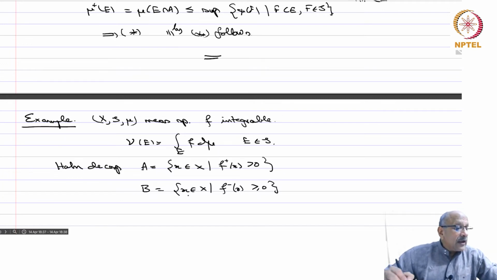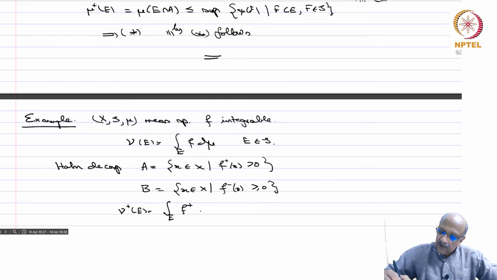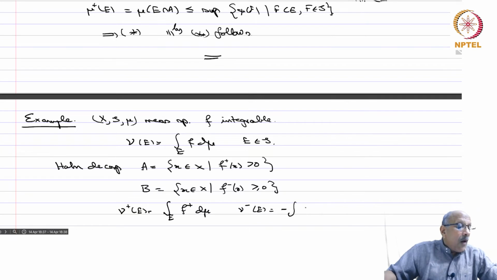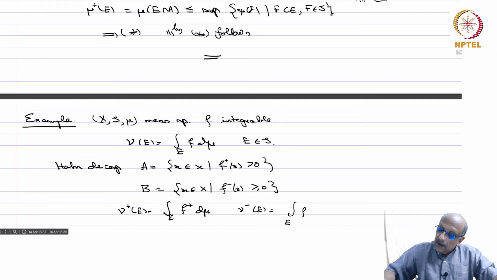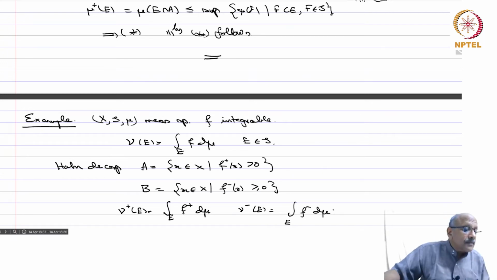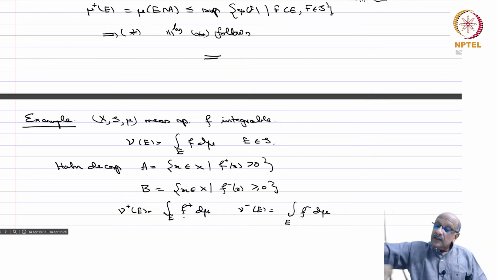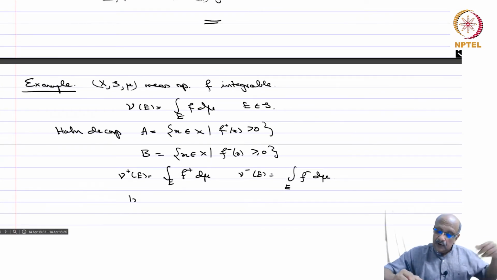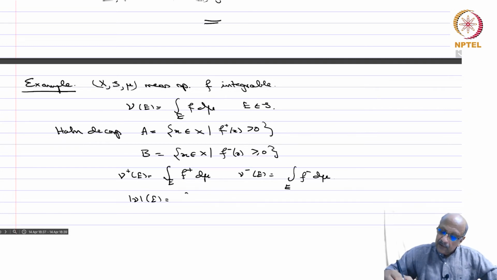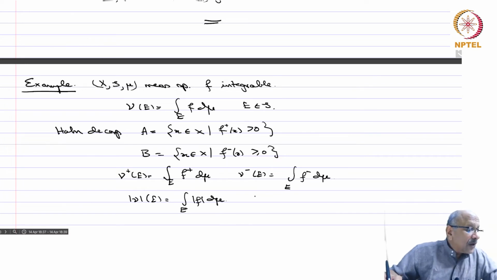Okay, so then nu plus of E equals integral over E F plus d mu, and nu minus of E equals minus integral, sorry, integral over E F minus d mu, and then mod nu of E equals integral over E mod F d mu, as you can easily see.